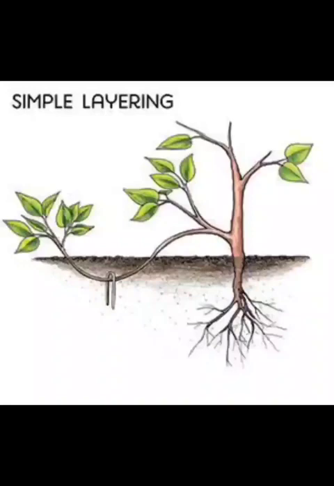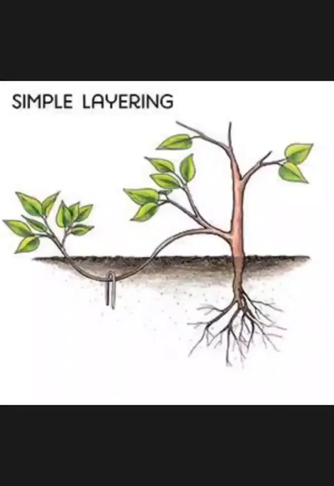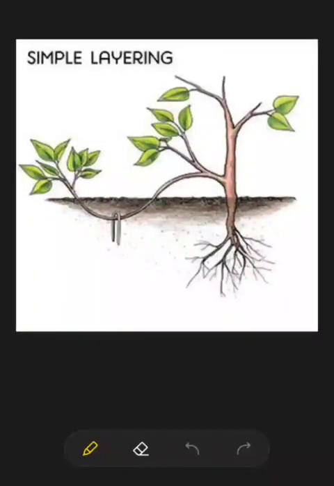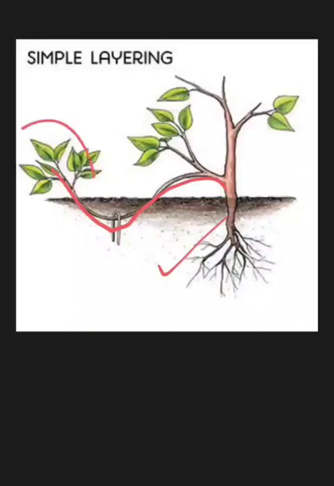Now the second type of natural method of vegetative propagation is by aerial stem. Here you can see that from this main plant, one branch has made a layering kind of thing through which a new plant has started to grow.